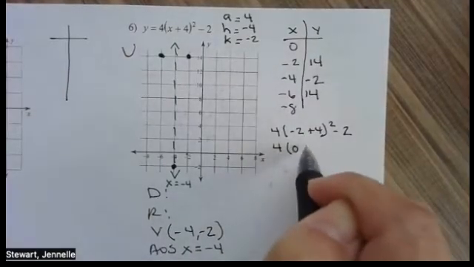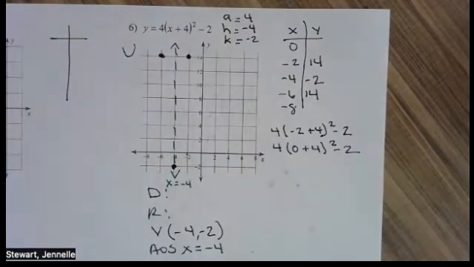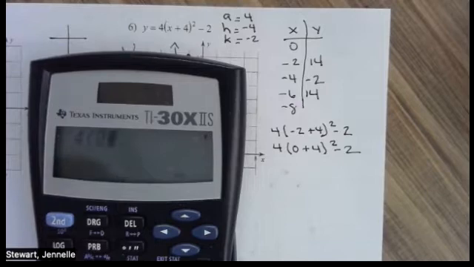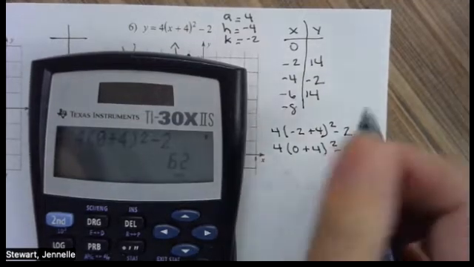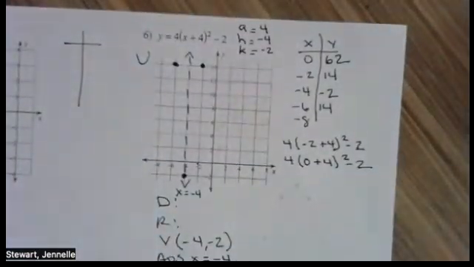So 4 times 0 plus 4 quantity squared minus 2. Whoa, 62? That's the y-intercept. That goes up way super high and won't fit on our graph.